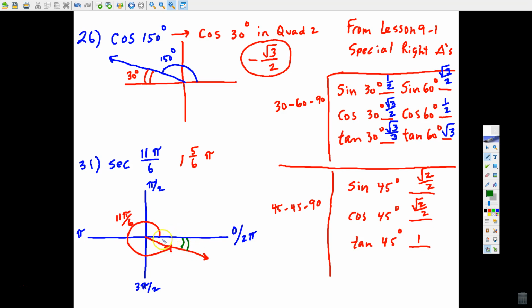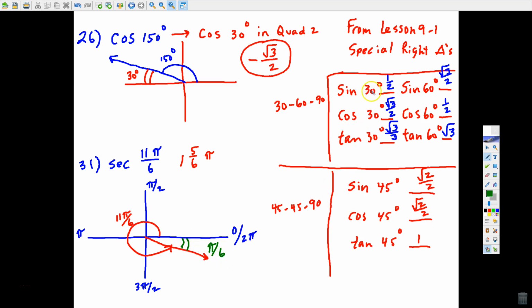And hopefully you can see that I went almost all the way around, but I stopped short by pi over 6. Of course, you could do 12 pi over 6 minus 11 pi over 6 if you like to just do some subtraction, but hopefully it's pretty easy to see that the reference angle is just pi over 6.